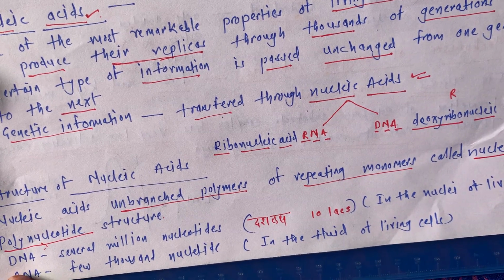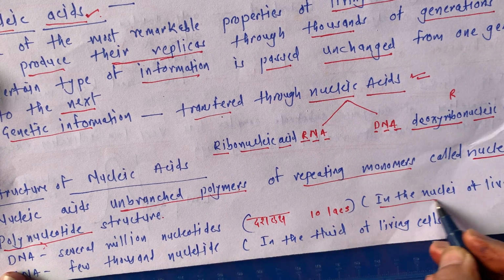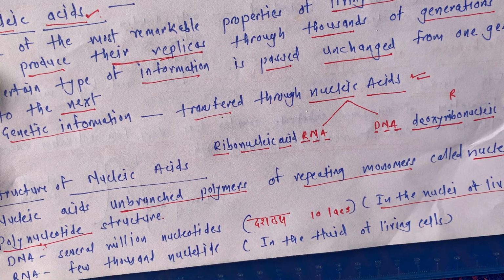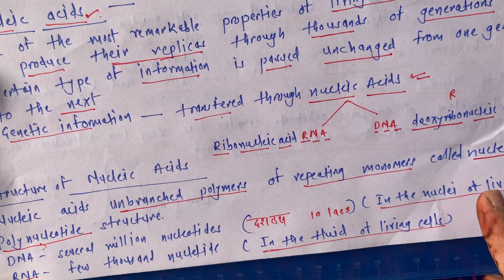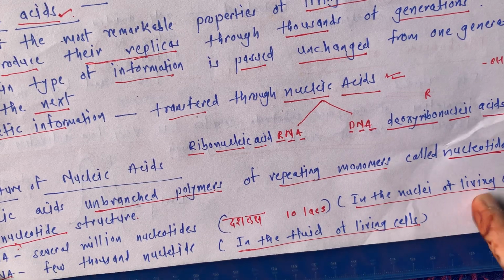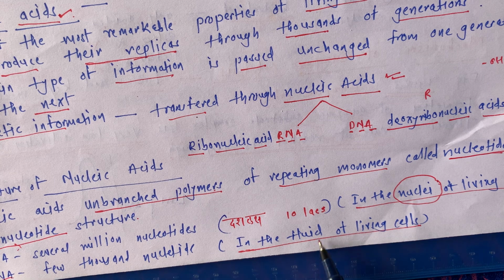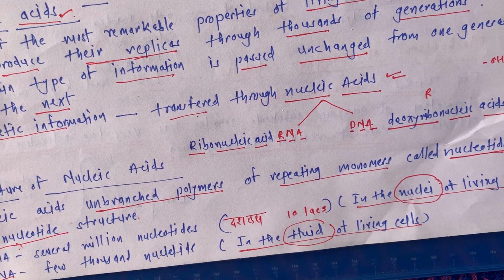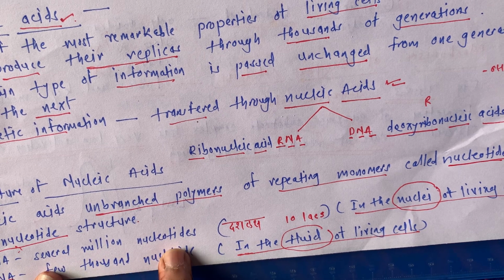This DNA is present in the nuclei of living cells, while RNA is in the fluid of the living cell. You studied this in biology. In DNA there are several million nucleotides.